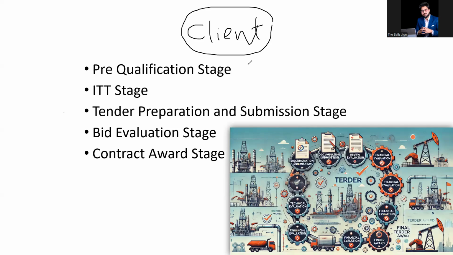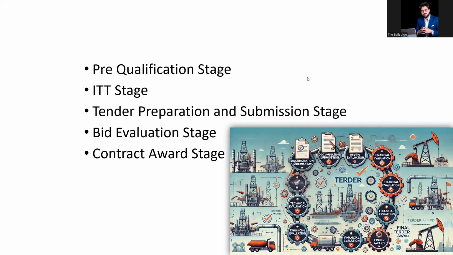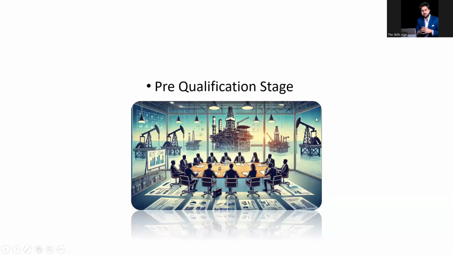So they want to hire a third party, a third company, like a service company, developer, or contractor. For that reason, they want to make sure that we hire a qualified person, a qualified company. So this process belongs to that screening and all that. So I'll be sharing the next slide, and here we have the pre-qualification stage.